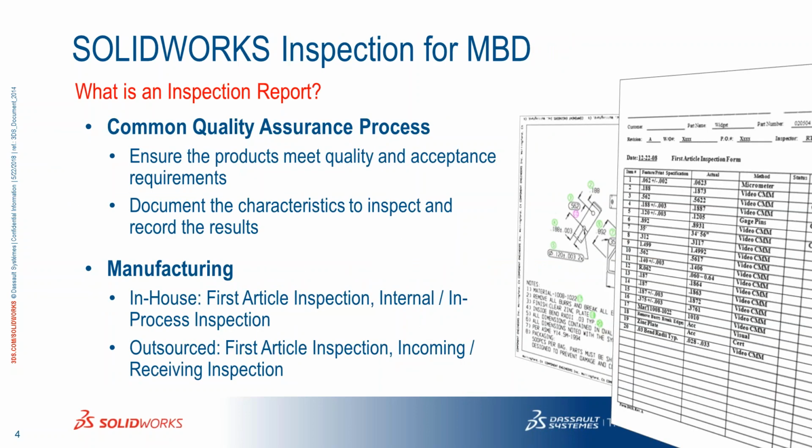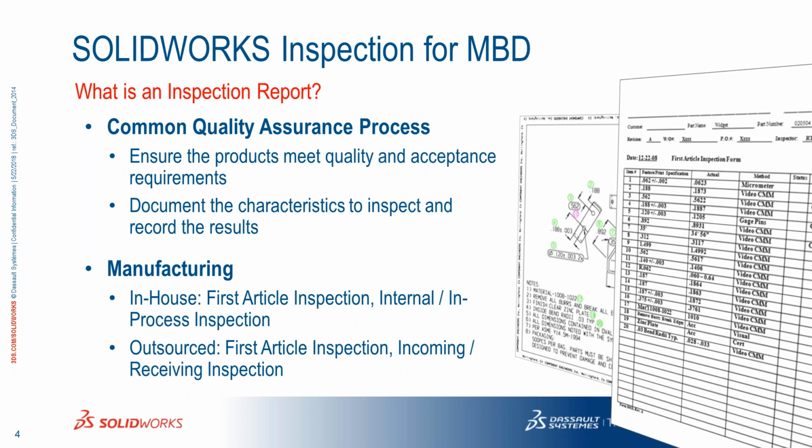When I get to visit customers, what strikes me is, everybody's kind of doing things slightly their own way when it comes to creating inspection reports. But most of the time it looks like something you have on screen here. You have this Excel spreadsheet or inspection sheets with all the different characteristics of a part that need to be inspected, usually with nominal value, tolerances, comments, inspection method, and things like that.